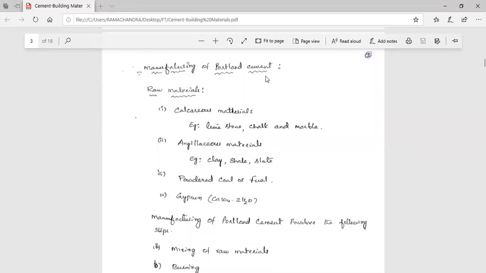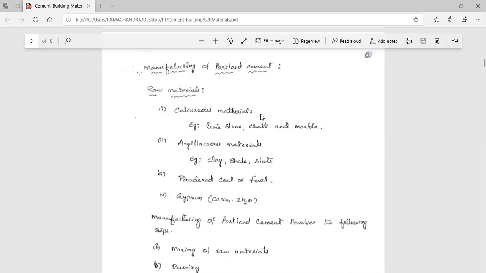Here we use some components as raw materials for manufacturing of Portland cement. First one, calcareous matter, that means lime.